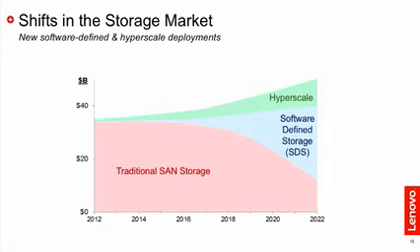Right? So we're seeing a massive shift, not only on the compute side, but in storage. We had our traditional SAN environments, and what we're seeing now is a lot of software-defined or unified storage. Very complex. Yes, we're Lenovo.